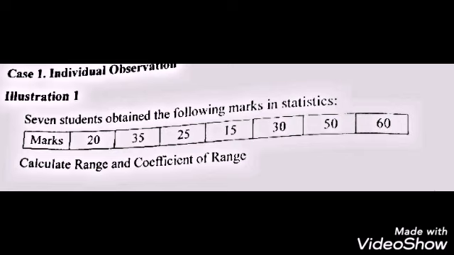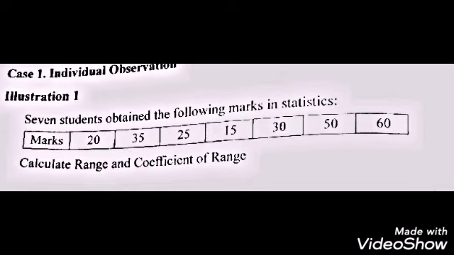Discrete series. Calculate range and coefficient of range from the following data. Range is equal to L minus S. L is largest value, S smallest value is equal to 70 minus 10 is equal to 60 marks.